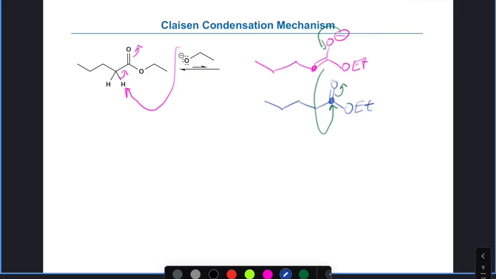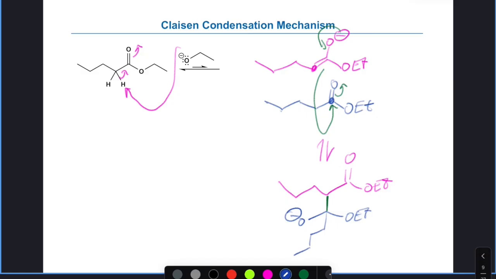The intermediate we're generating there is going to have our new bond. And because we attacked a carbonyl, like an ester, with a nucleophile that's ionic, we're going to have a tetrahedral intermediate left over. And it's 1, 2, 3, 4 carbons.